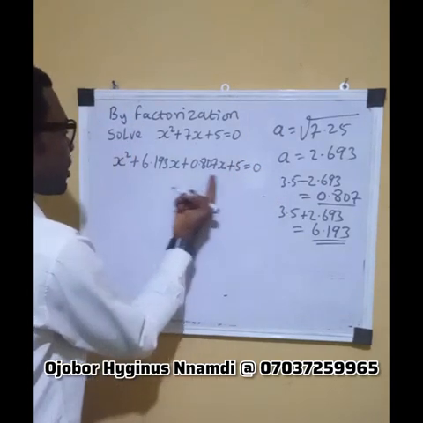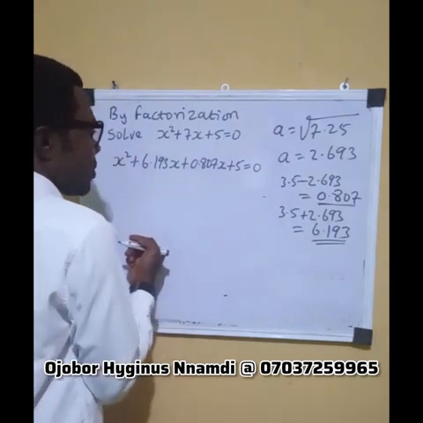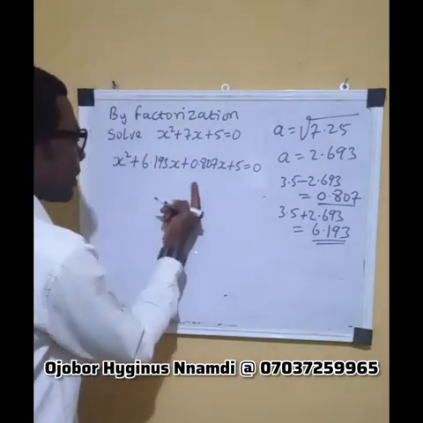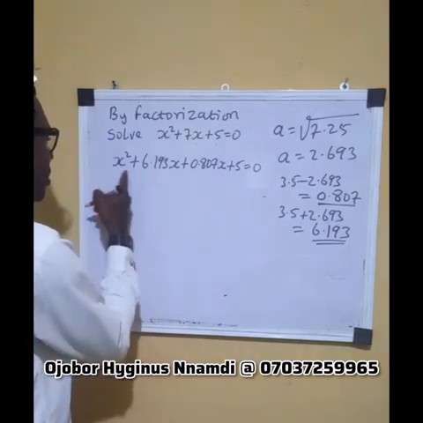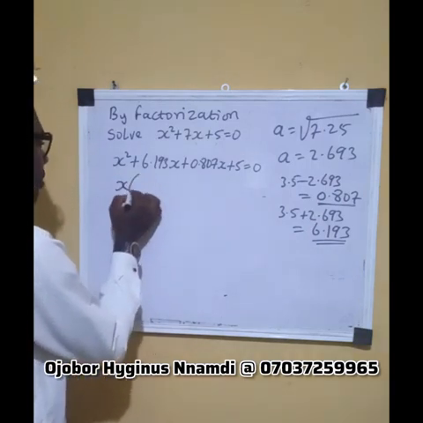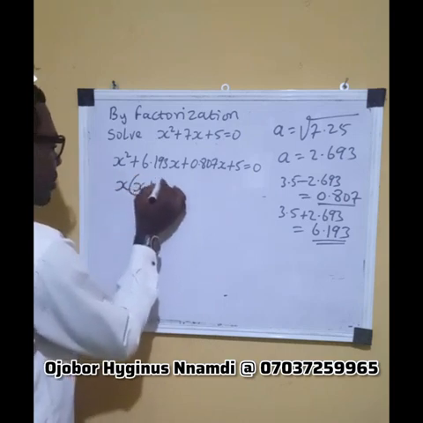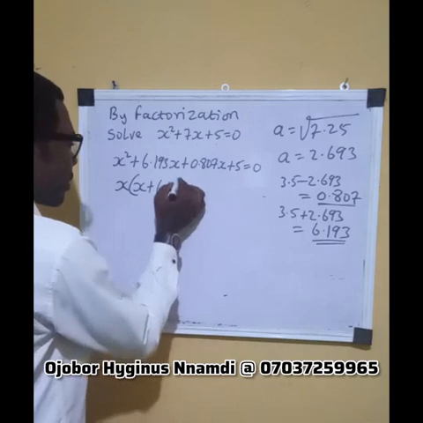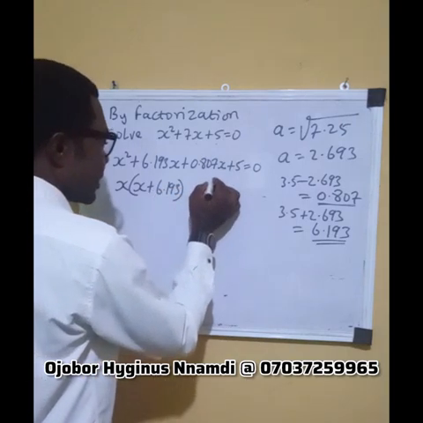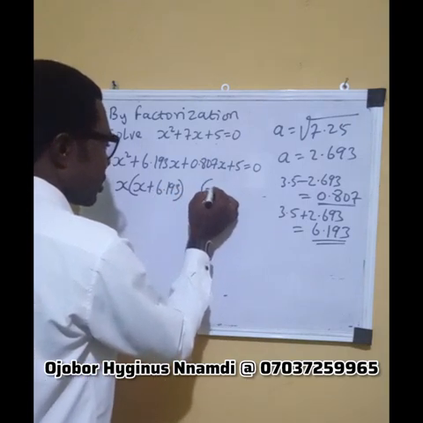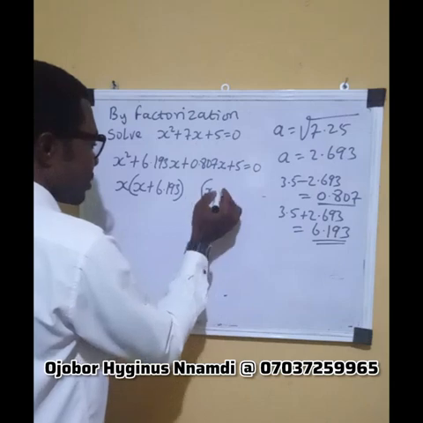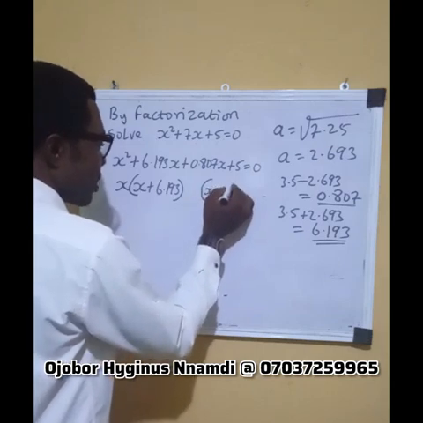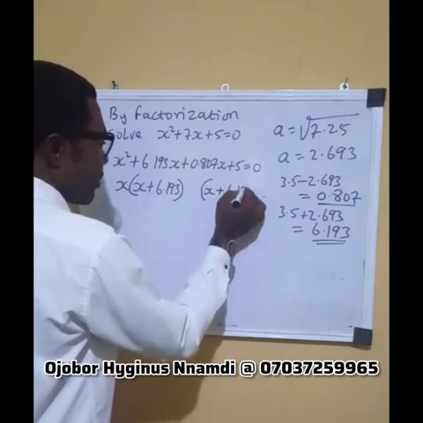You realize that if you add these two things, you get 7, and if you multiply them, you will get 5. So let's see what will happen. What is common in these two is x. You factor out x here, so that you have x plus 6.193. Of course, you know that in factorization, you have a common factor in this bracket, so this should definitely be x plus 6.193.